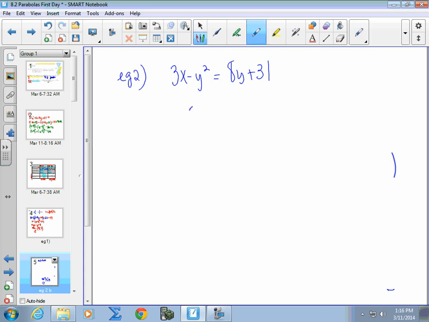So we have 3x equals y squared plus 8y plus 31. Now we can divide by 3, but we're stuck with a bunch of fractions. It would probably be easier to divide by 3 at the end instead of here. So, first thing we want to do, like we did before, is group the first two terms.